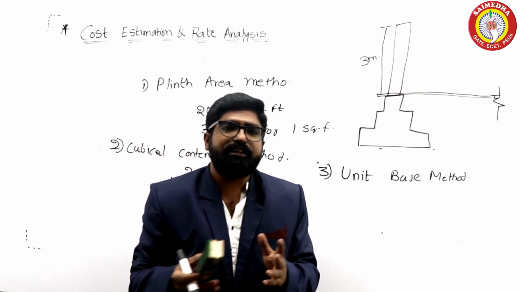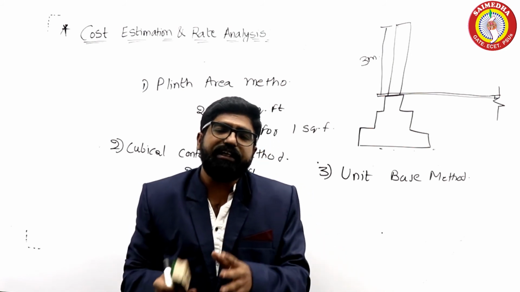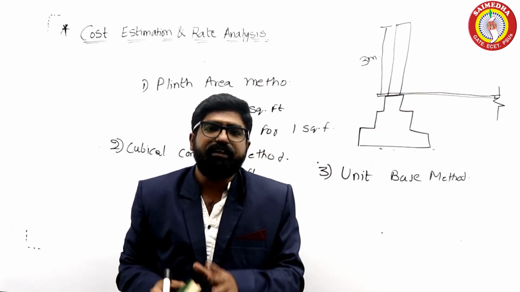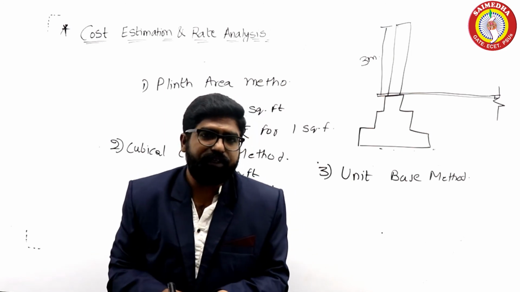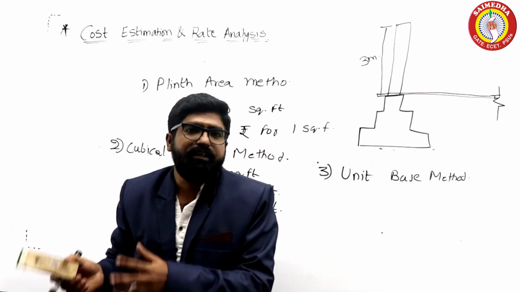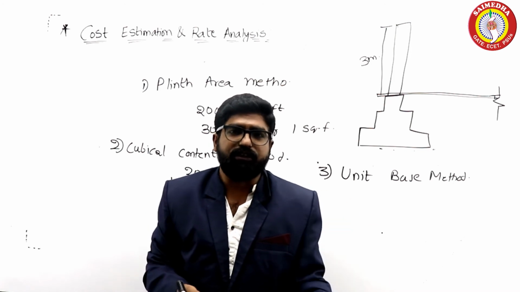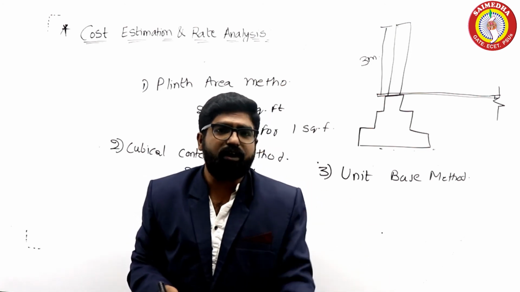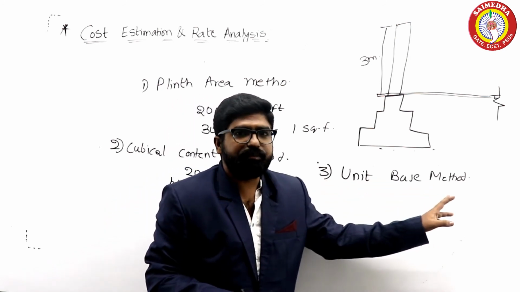Let us assume there are 60 beds required in a hospital. For each bed, they are calculating that it requires 60,000 for the construction. So what is the overall construction cost? 60 beds into 60,000 per bed, then you will get 36 lakhs as the cost of the project or the cost of constructing a hospital. So this method of measurement is known as the unit based method.